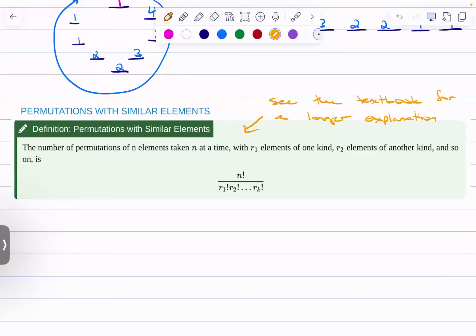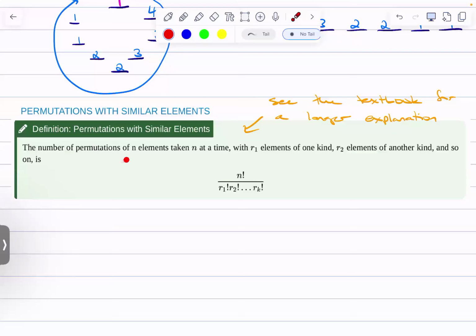But for me, I don't find that the longer explanation helped that much, so I just remember to do what this formula says. If you want to know why that is, then you can read the textbook.